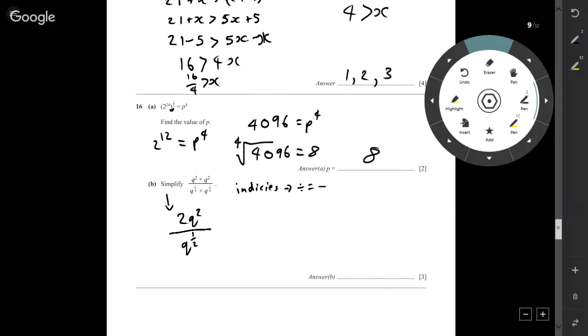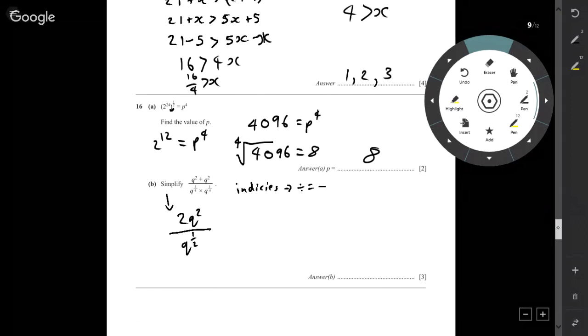Okay, again, indices. Remember, when we divide, it's actually the minusing of the indices here. So for this question, it's 2 minus a half in the indices, which is 1.5 or 3 over 2. So I forgot to say, I simplified this earlier.